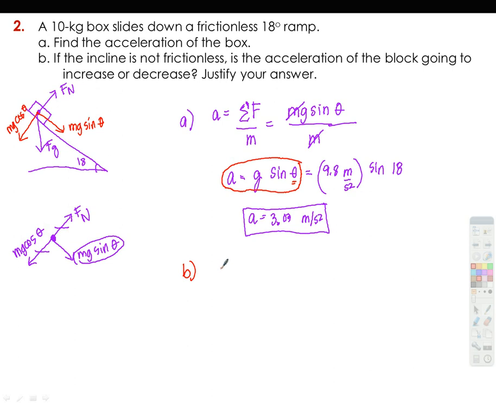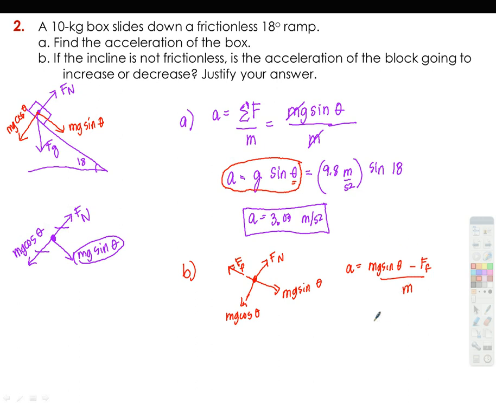If you calculate the acceleration with friction, it will be exactly the same except that there is a friction force opposing mg sine theta. So your net force would be mg sine theta minus your force of friction, divided by m.